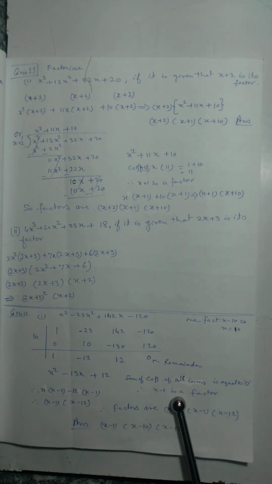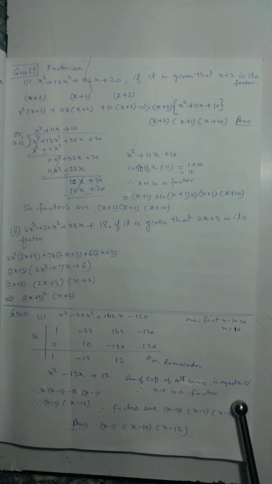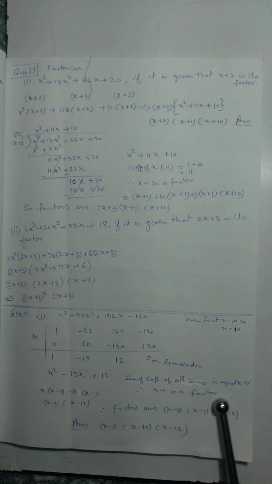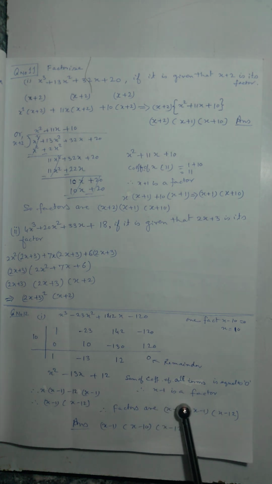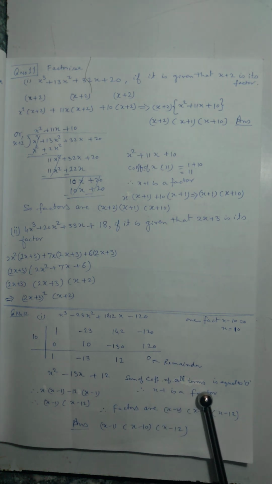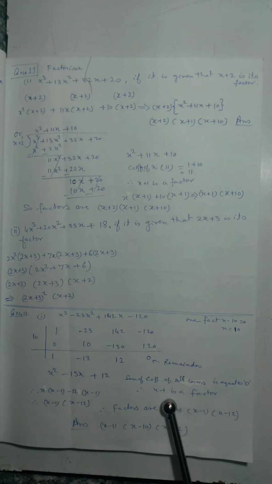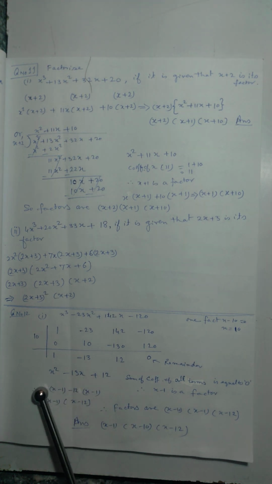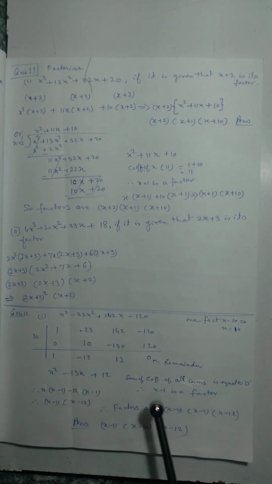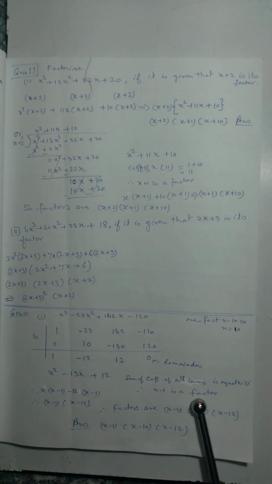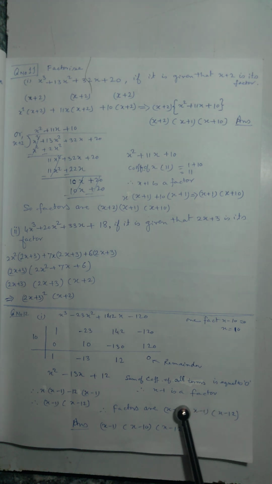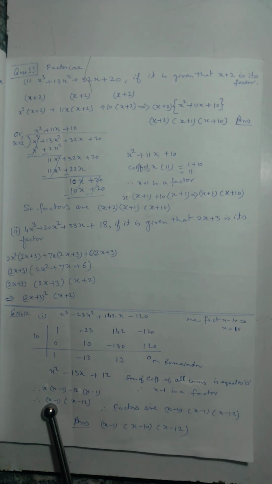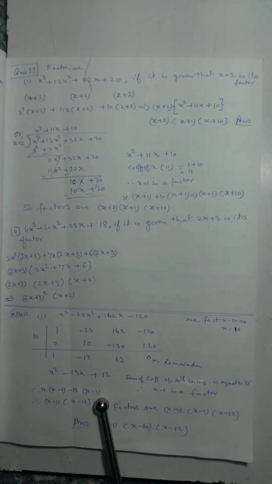Sum of the coefficients of all terms is equal to 0. Therefore, x minus 1 is a factor. This is just by the inspection method. If the sum of the coefficients of the given polynomial is 0, it means x minus 1 is a factor. Straightaway you can write it. So I have written here x minus 1 two times.